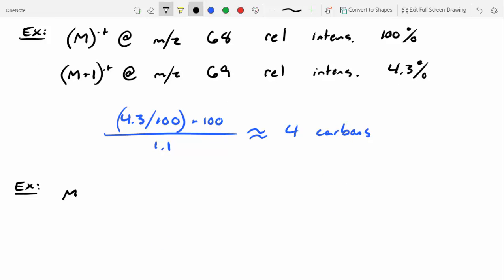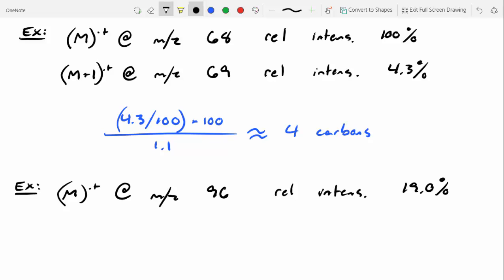Let's say, again, we've got our parent peak at a mass to charge of 96 and a relative intensity of 19%, because normally our parent peak isn't our base peak, it's normally at a smaller percentage. And then our M+1 peak has a radical cation at a mass to charge of 97 with a relative intensity of 1.5.